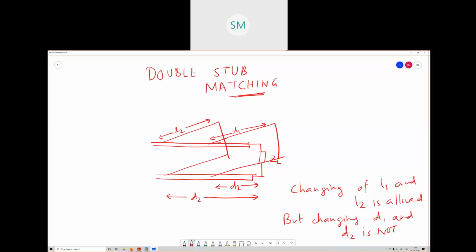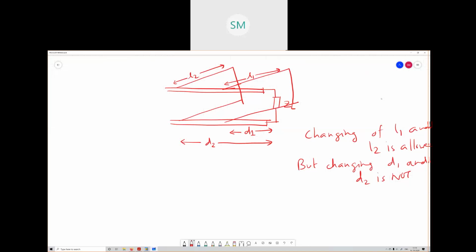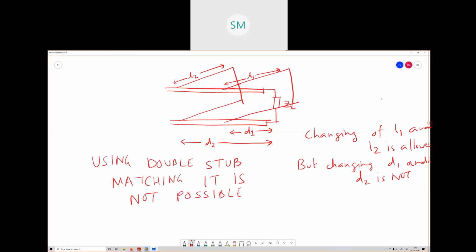However, double stub matching has its own disadvantage. What is that? Using double stub matching, it is not possible to match all impedances. You get my point?